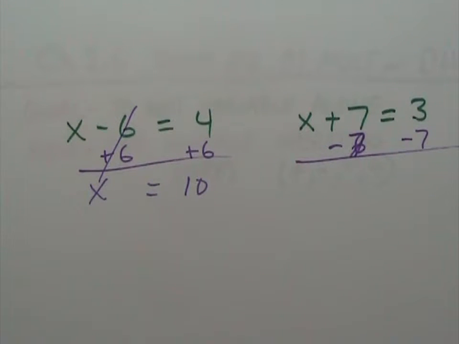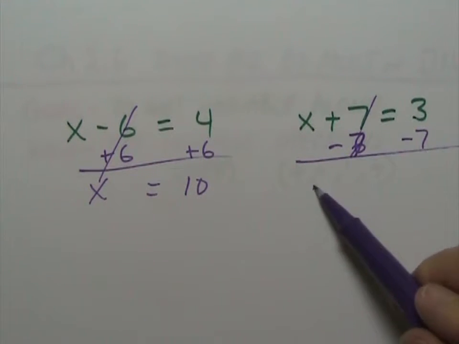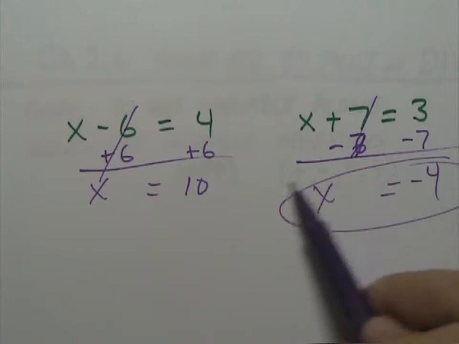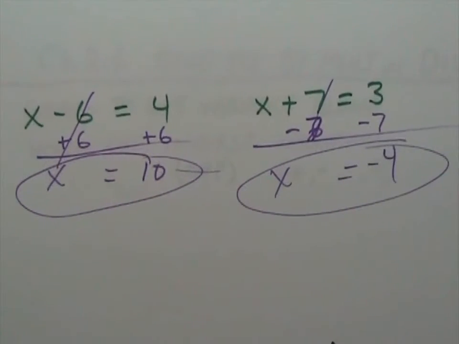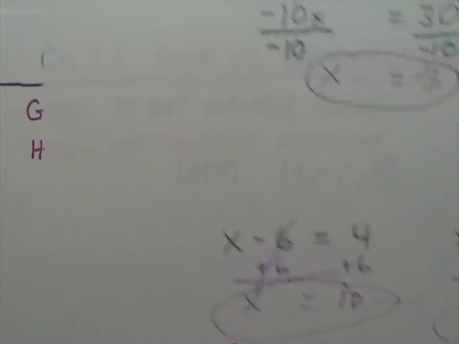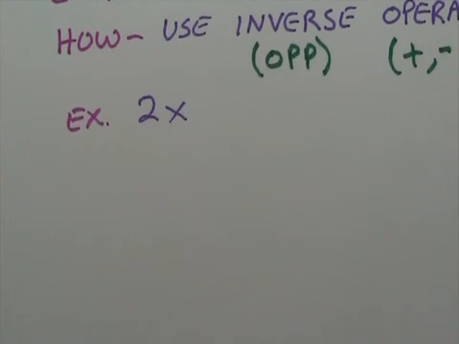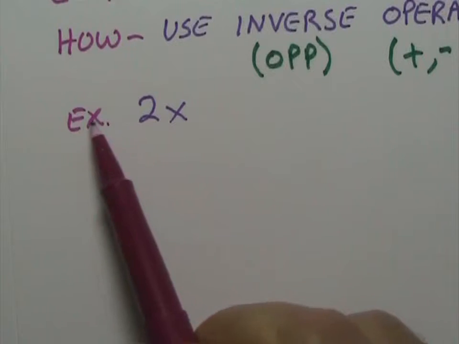Subtract 7, I do that to both sides. And I get X equals, what's that? -4? Okay, so you need to do the opposite. That's what inverse operations is. Do the opposite.